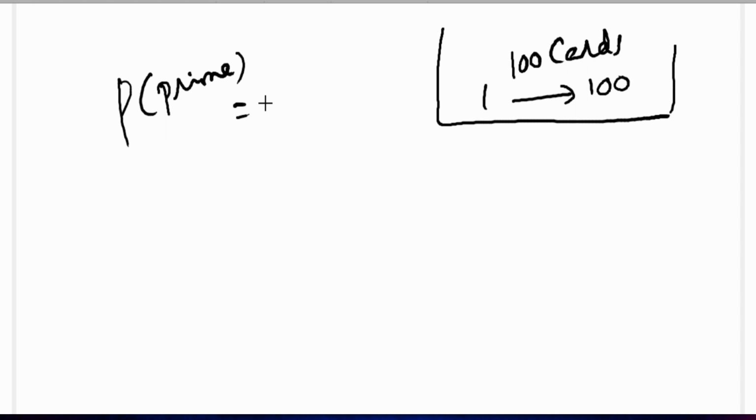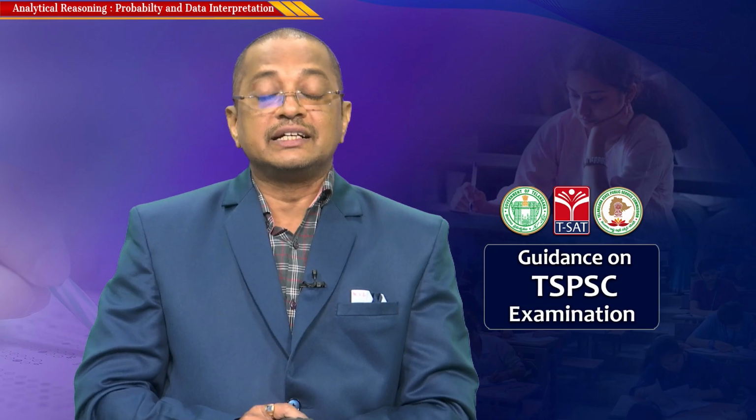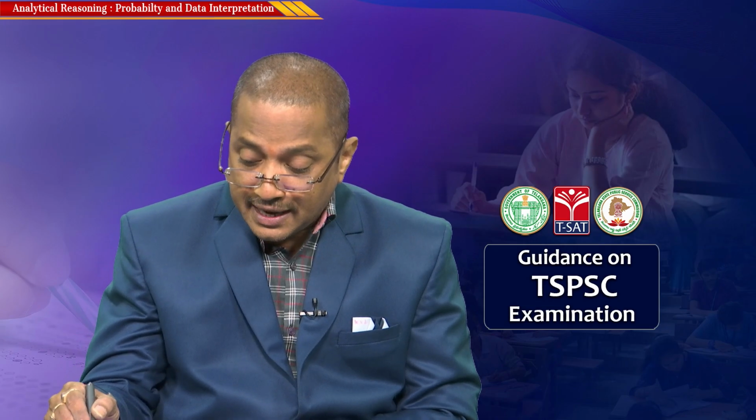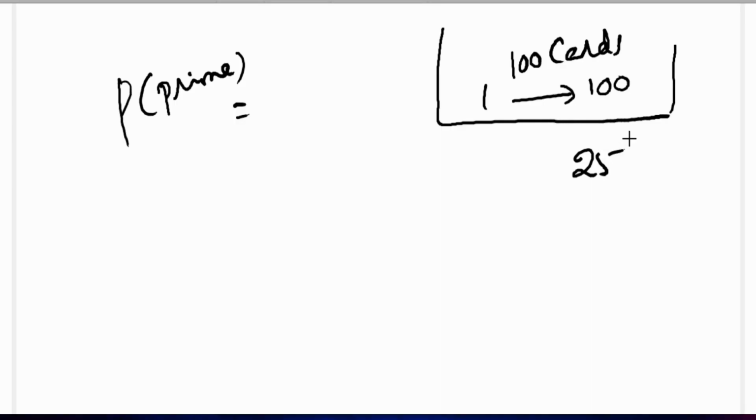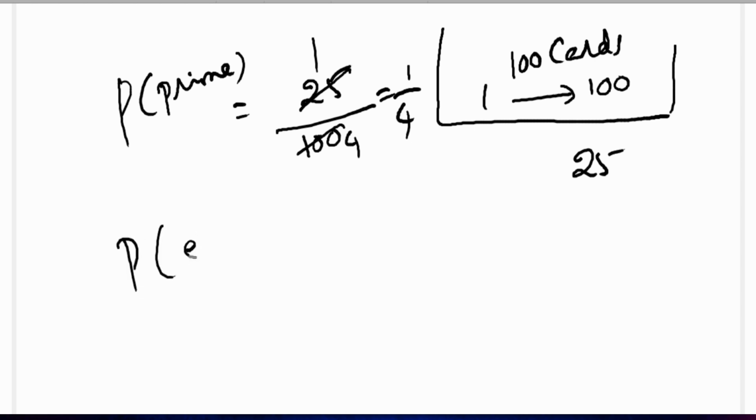Between 1 and 100 there are 25 prime numbers, correct? If you know it, then the favorable outcomes is 25 and total outcomes is 100, so 25 by 100, otherwise 25 ones, 25 fours, you can say 1 by 4. Or probability of an even number.